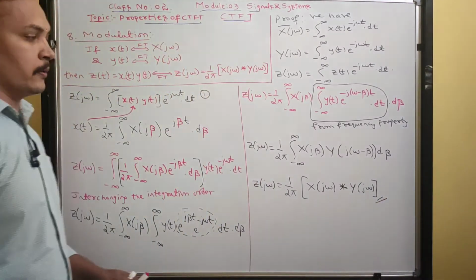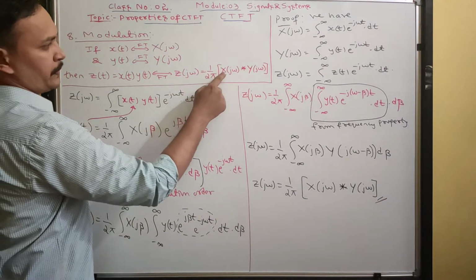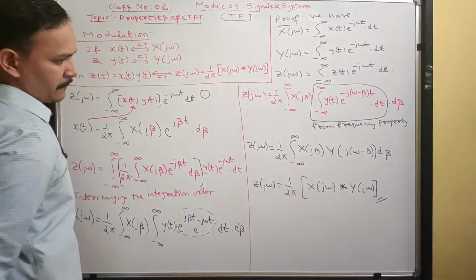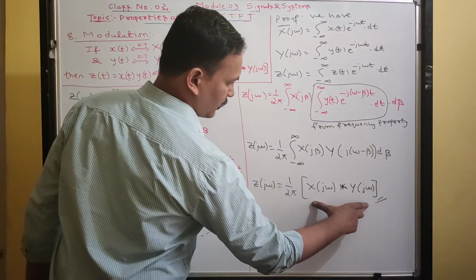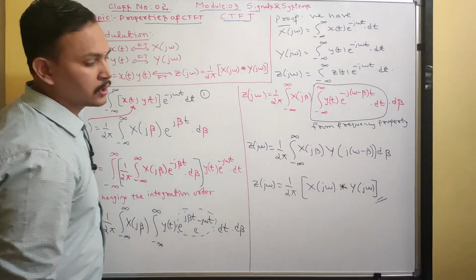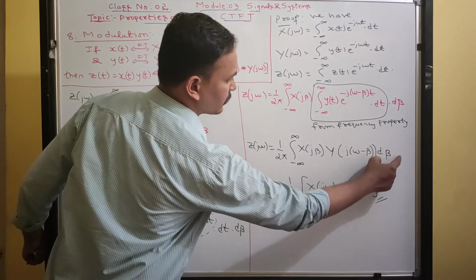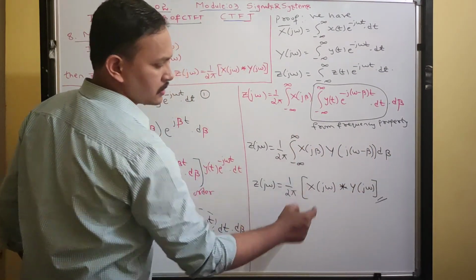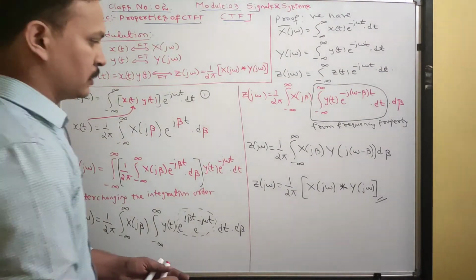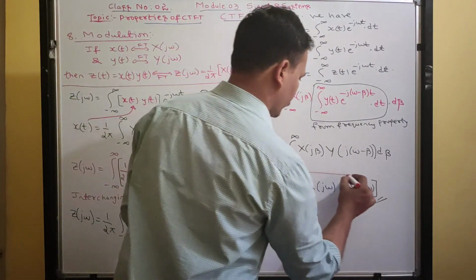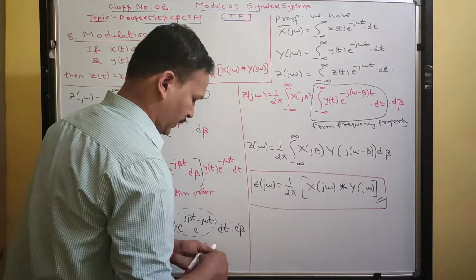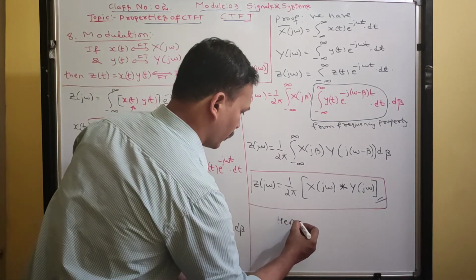Hence proved. Look here, 1 by 2 pi, x of j omega convolved with y of j omega. So this bracketed term can be written as a convolution integral in this form. Got it? Fine. So hence proved. Very important property.